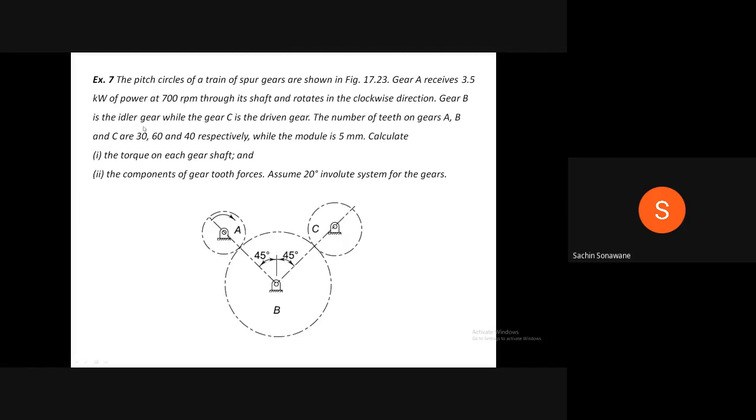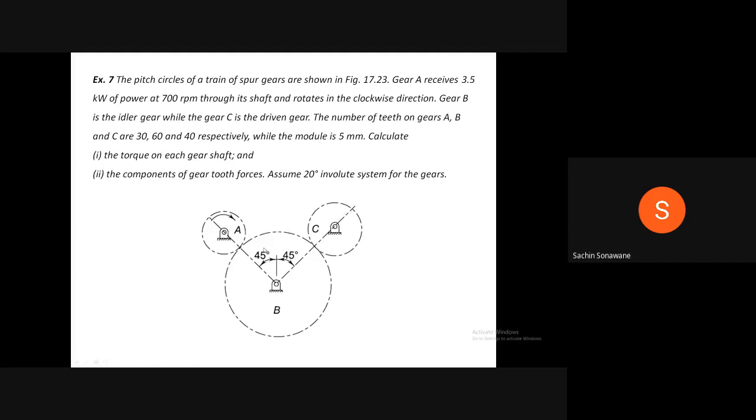Gear B is the idler gear while the gear C is the driven gear. The number of teeth on gears A, B and C are 30, 60 and 40 respectively. While the module is 5 mm, calculate first the torque on each gear shaft and second the components of gear tooth forces. Assume 20-degree involute system for the gears.